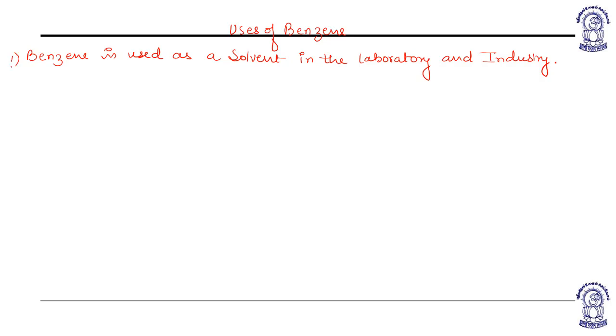As you know, like dissolves like. Carbon-based compounds are non-polar, and if they are non-polar, they will be soluble only in a non-polar solvent like benzene. It is also used in dry cleaning of clothes.